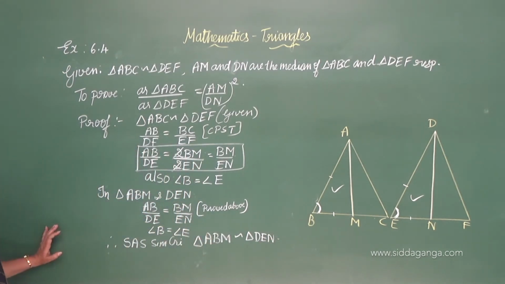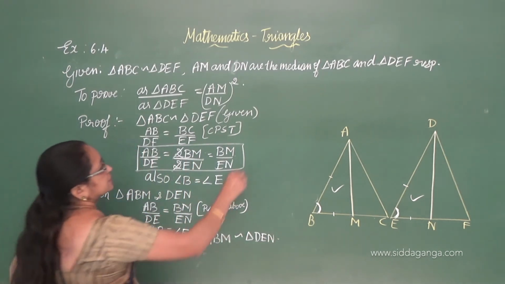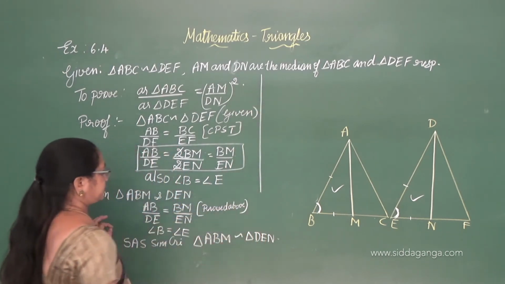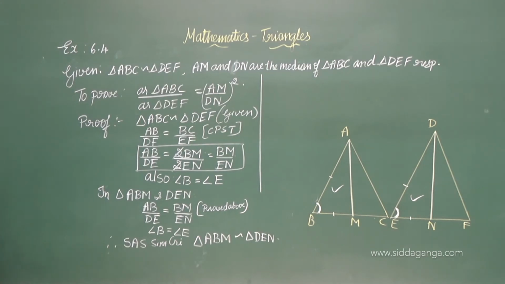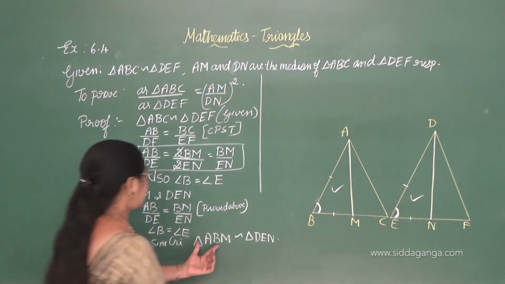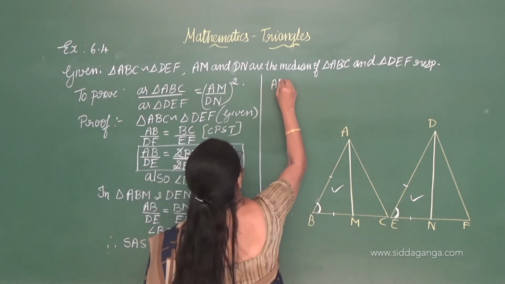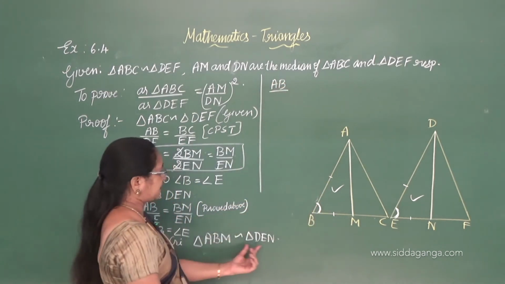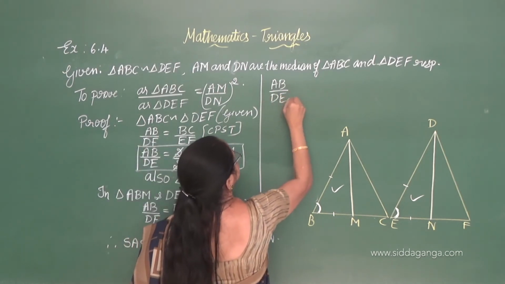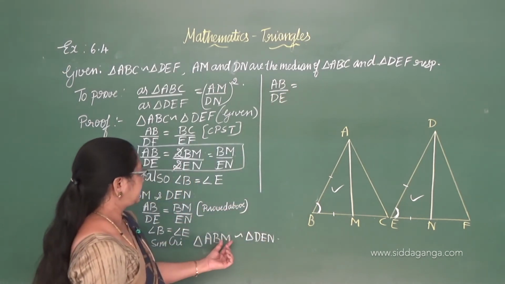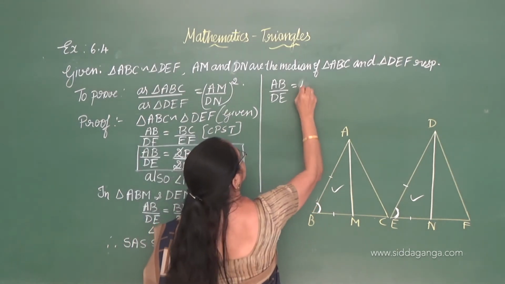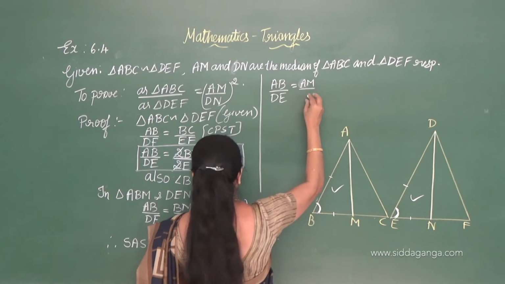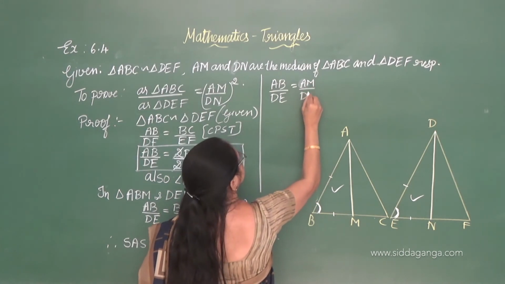Okay, now shall I write here? I will continue here. Now I got ABM is similar to DEN. Now can I write AB by DE is equal to BM by EN is equal to AM by DN.